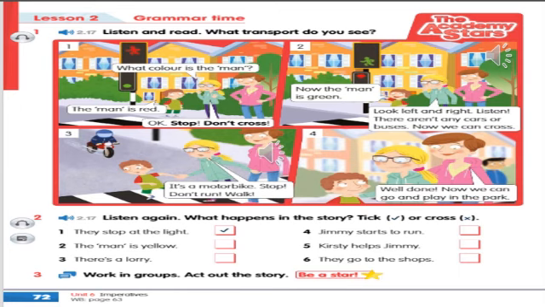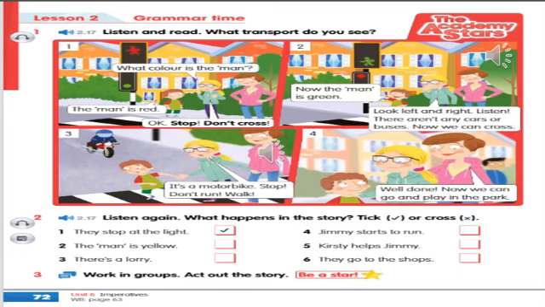The man here is green. So when the man is green, we have to look left and right. And we have to listen. If there are cars or there aren't any cars or buses, you can cross the street now.